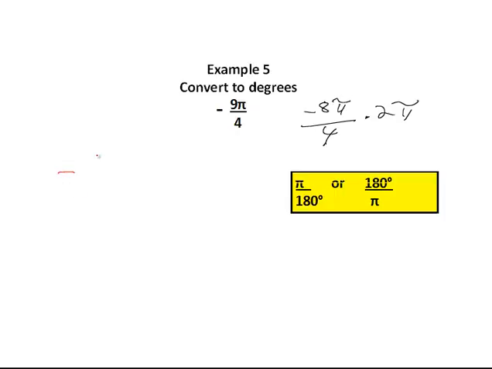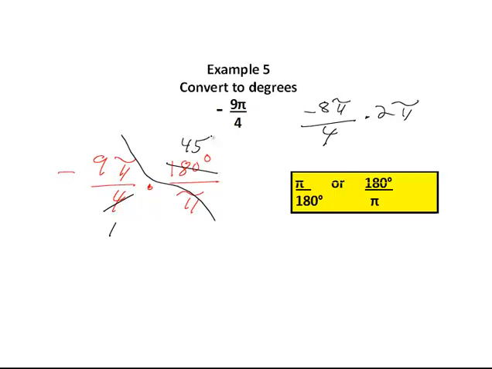So let me write negative 9 pi over 4. I need my conversion factor. I want to get degrees in my answer. So right away I know what I'm multiplying by. I'm multiplying by 180 degrees over pi. Cancel out my pi's right away. 4 into 4, 1. 4 into 180, 45.